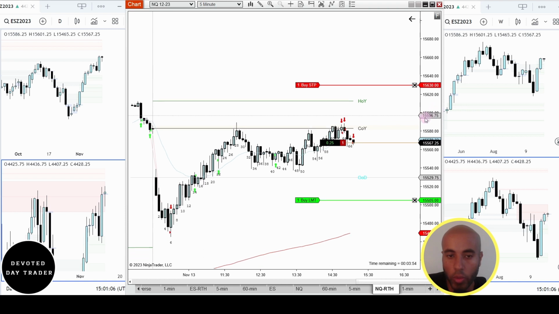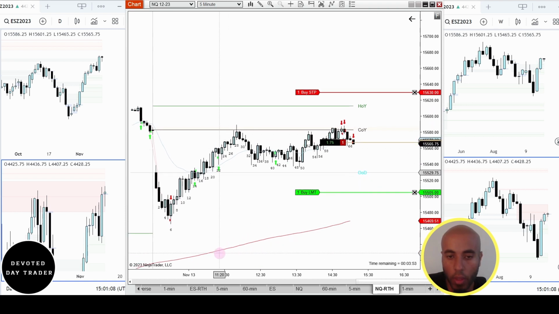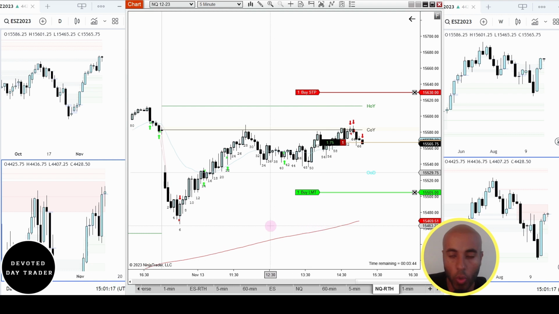And we also have this 200 simple moving average that I thought the market was going to reach when I went short here. It looks like it may eventually come to this 200 moving average.